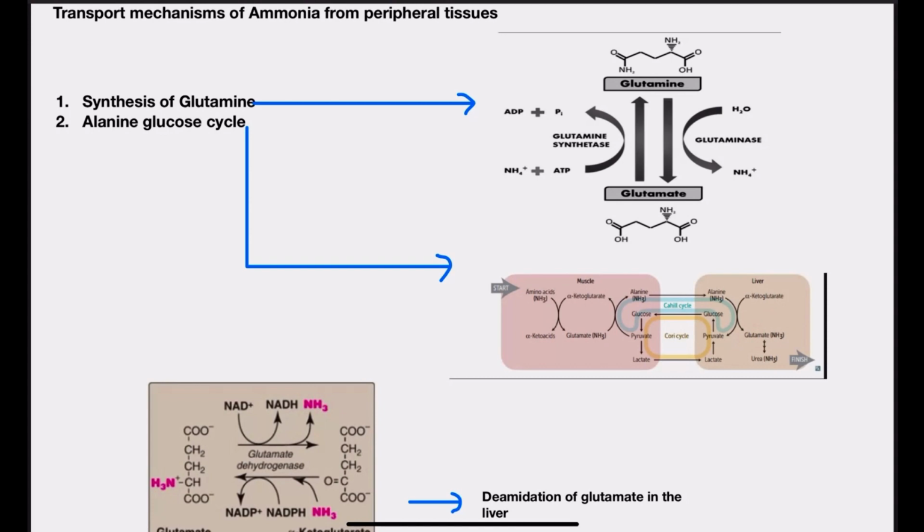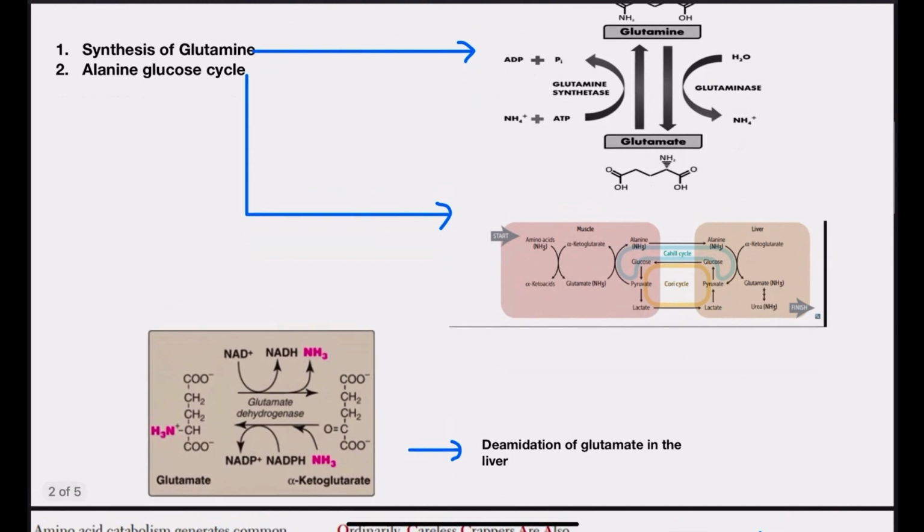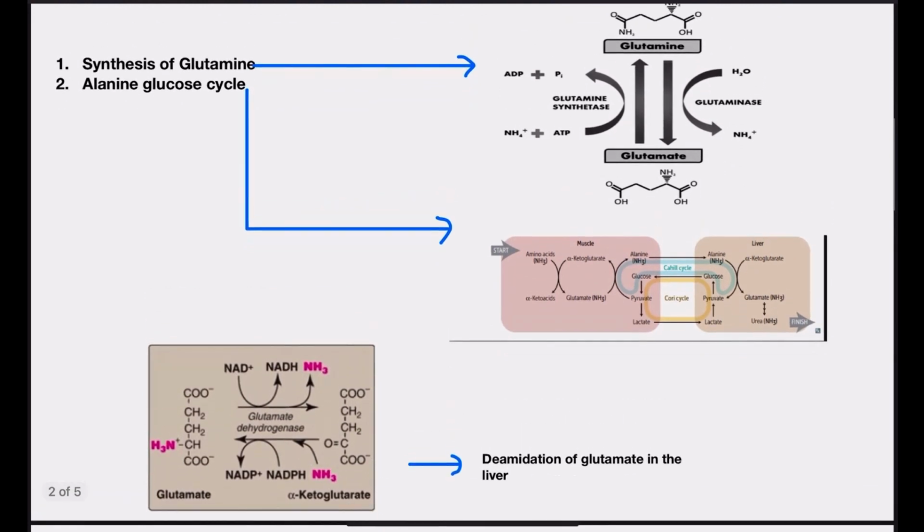So our goal in all of these transporting ammonia from peripheral tissues is generation of glutamate, and this glutamate then undergoes deamination in the liver. This is through an important enzyme, which is glutamate dehydrogenase.